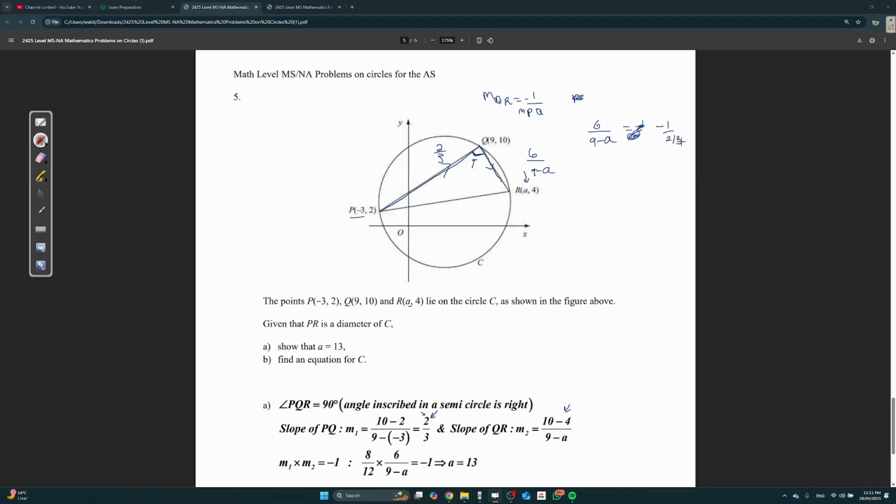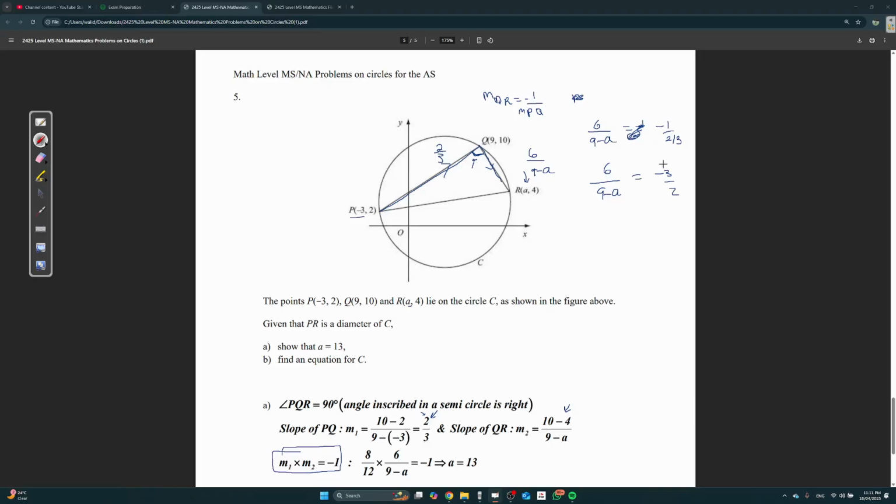So what can you do? You can take the 3 up. It's going to become 6 over 9 minus a is equal to negative 3 over 2. The rule originally, by the way, is that the product is negative 1. So they just used it like that, I did it like this. It doesn't matter, this is just a proof here.